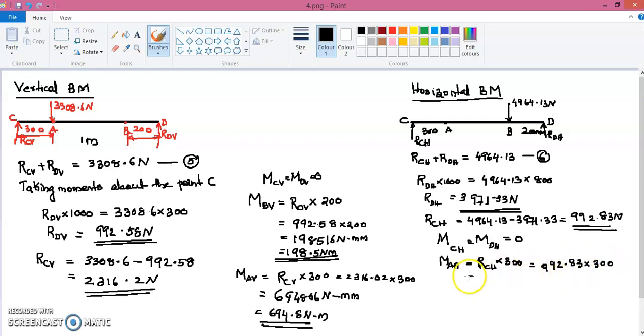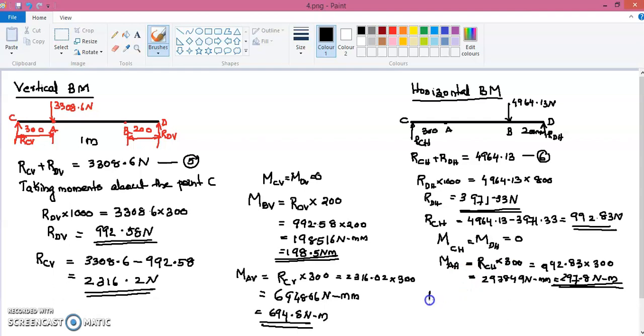So I am getting this value MAH as 29784.9 Newton millimeter, or it is equal to 297.8 Newton meter. So we have calculated the horizontal bending moment at the point A.